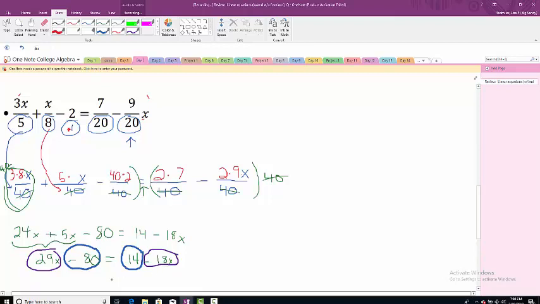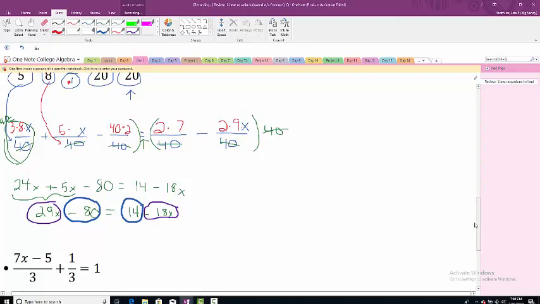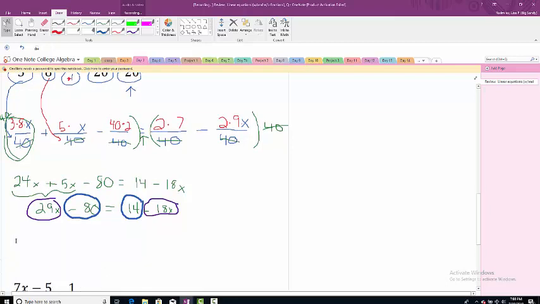So if we want the x's over here, we have to add 18x. If we want the x's on the right side, we have to subtract 29x. So I always just say, well, let's put our x terms on the left, but that's not necessary. It's just a lot of people like to do it that way, so I just have gotten in the habit of doing it that way.